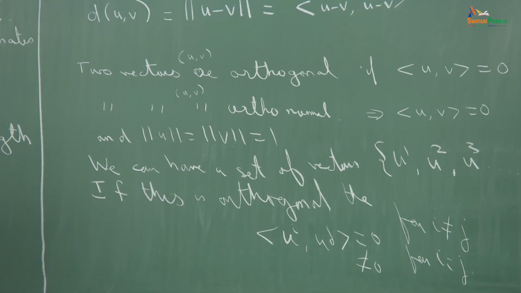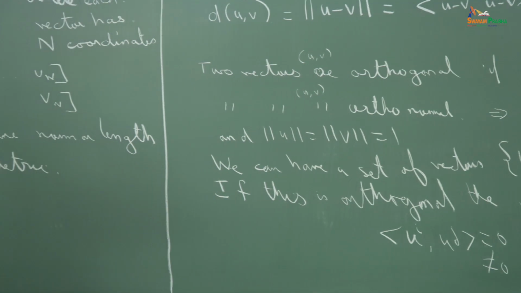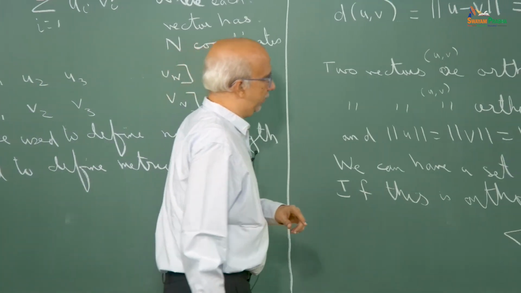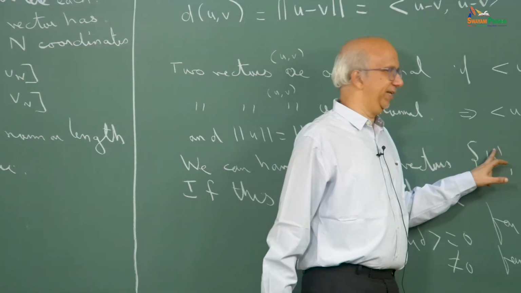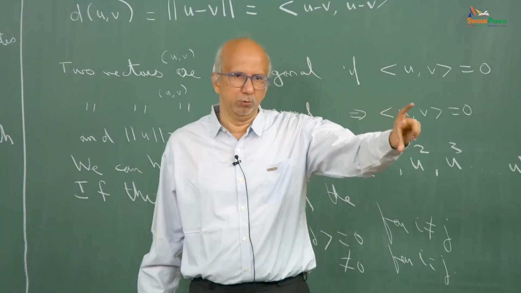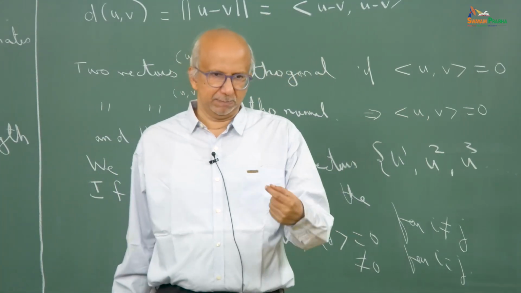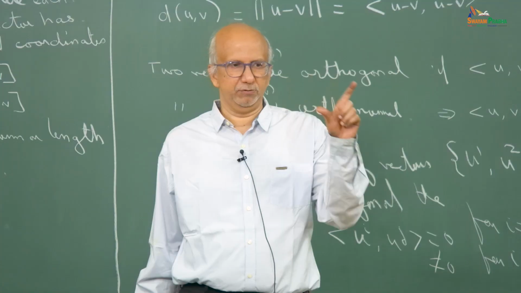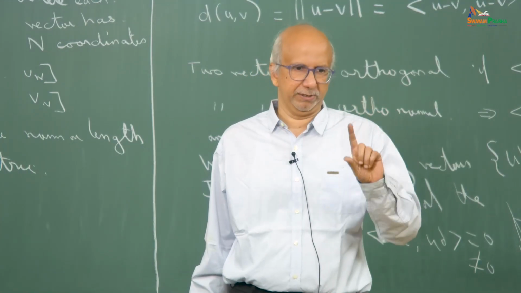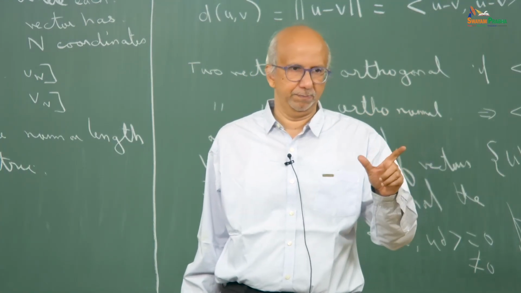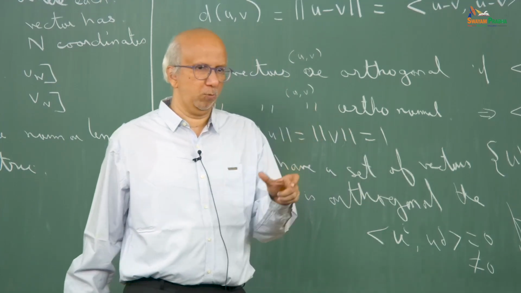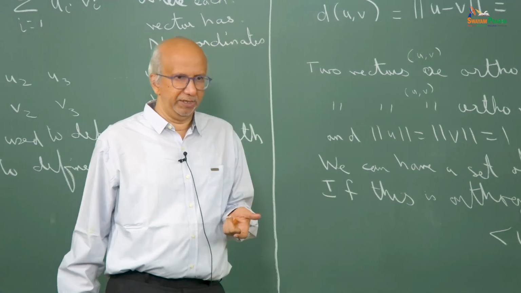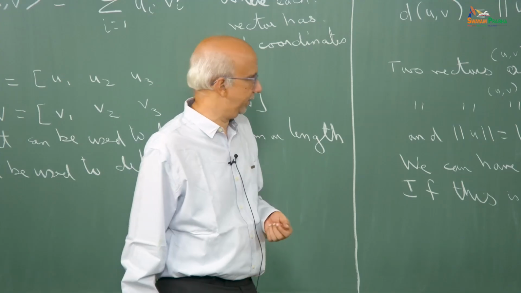You will see some of these things later on. I want to again emphasize that I am putting superscript to tell you that these are different vectors. Subscript is for the coordinate, superscript is for the vector. So, u superscript 1 is first vector, u superscript 2 is second vector, u subscript 1 is first coordinate, okay.